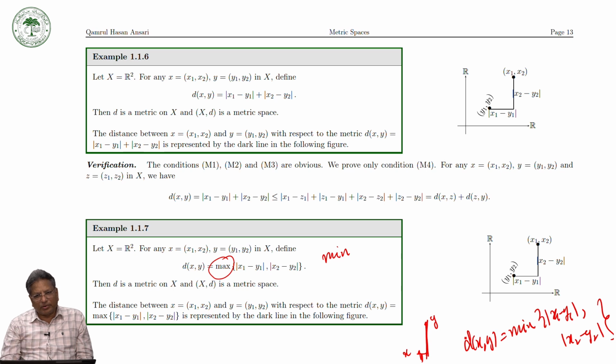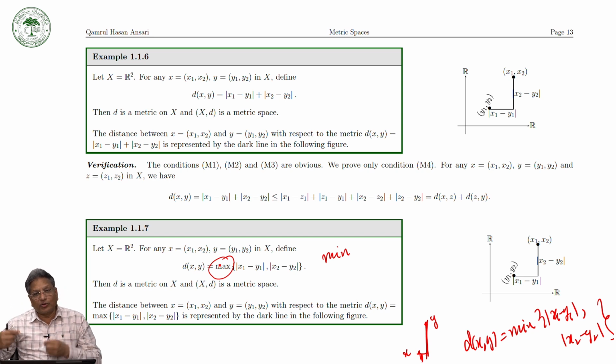Can you find any example? You will have to check. A very simple example, you can calculate very easily that this d is not a metric on X equal to R2. But if you consider dxy equal to the maximum, then it is a metric. You can see in a very simple way that if you are going from one place to another and there is some little zigzag and you are ignoring the little zigzag, then you can say I traveled from this point to this point this much.